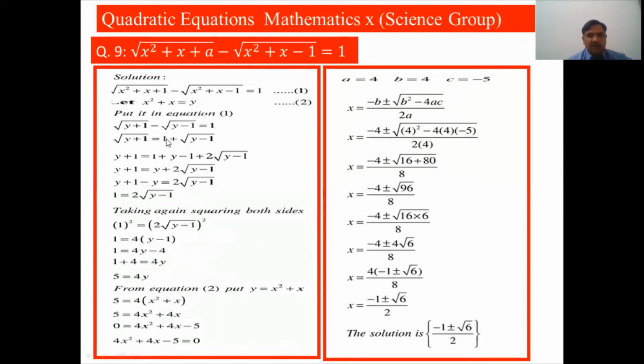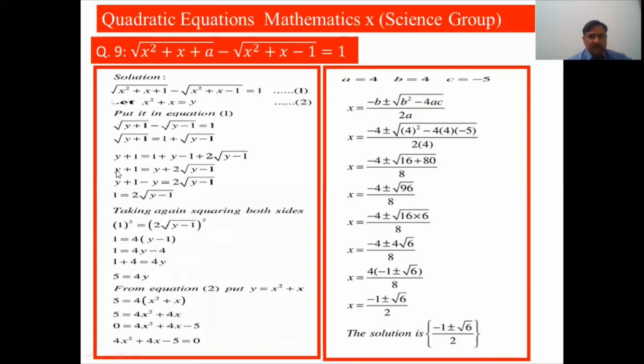And here, this is a, this is b, so you can say that we are using the formula a plus b whole square, so we must have 2ab. So the 2ab term can be written as 2 into 1 is 2, and this is the term square root of y minus 1. Now this plus 1 cancels out with this minus 1.